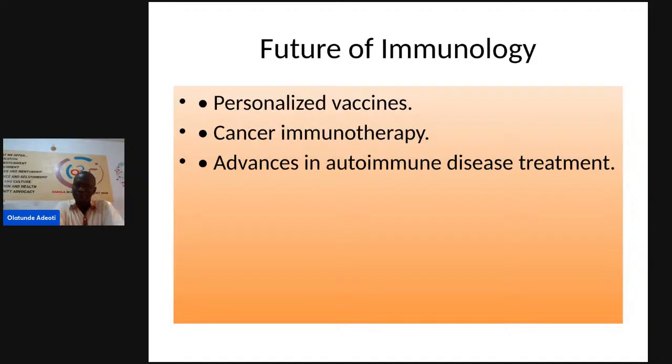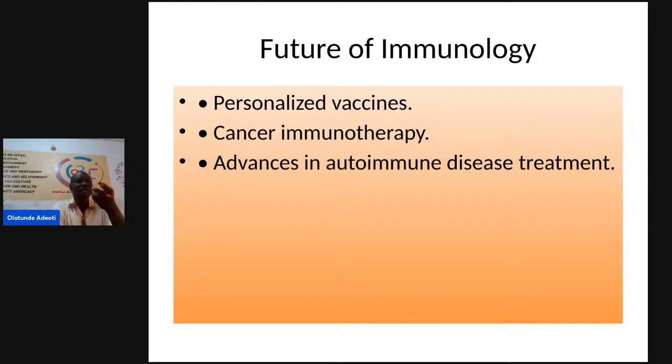No, in the future, we want to study immunology for personalized vaccine. That is, there is going to be some vaccine that will be meant only for you. That is individualization of vaccine therapy or vaccine production.